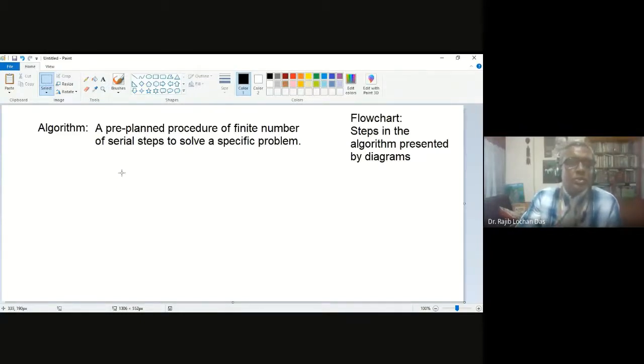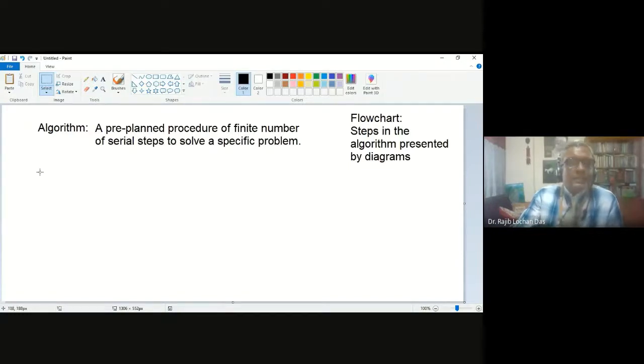I will show some examples here in the class, and maybe in the exam I will give another question, not exactly the same question, but the process is the same. So if I do finding the largest number, in the exam maybe I will give, okay, find the smallest number, something like that. Not exactly the same question, but a similar question. So if you practice at home, it will be easy to answer.